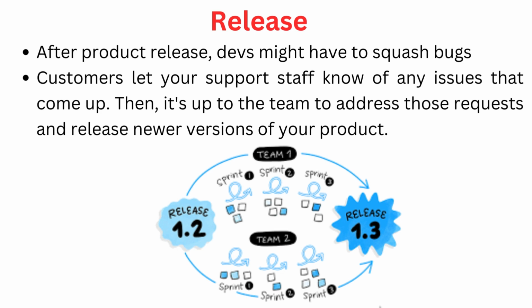There will be bugs and defects found by the test teams, and also any issues raised by the customer. So this data will be collected and documented so that the development team can work on those issues or the new features that are requested in the future iterations.